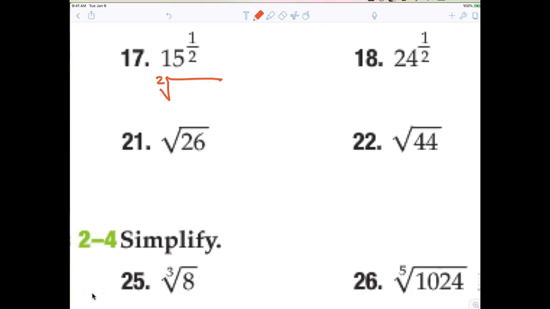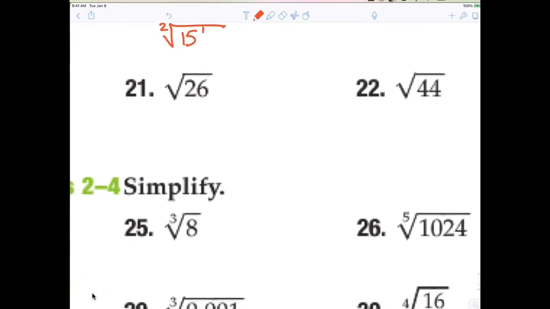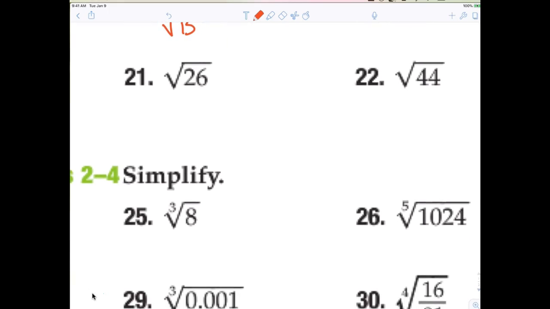There you go. Is it necessary to put the 2 and the 1? No. All right. So what about 21 now, guys? How do I write that as an exponent? It could be 26 to the 1/2 power. That's exactly right.